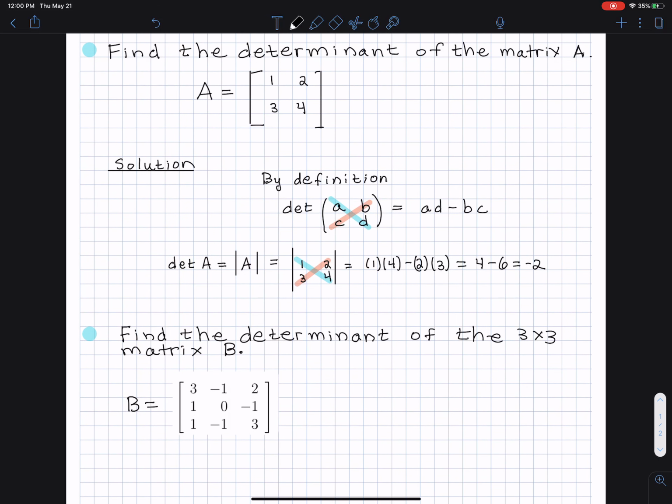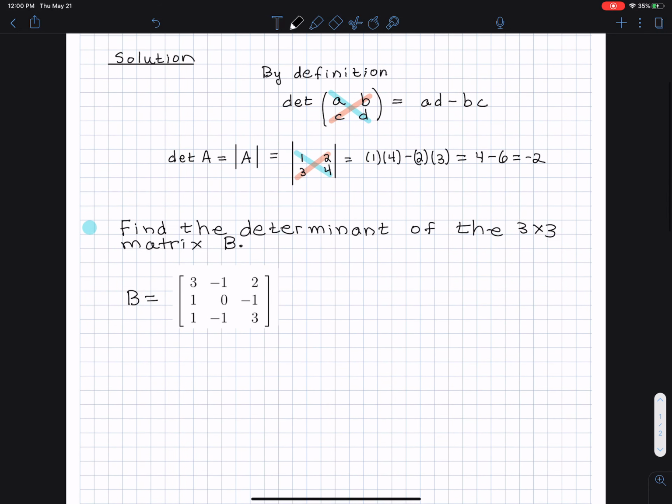Well, it turns out that for the method I'm showing, you have to know how to find the determinant of a 2 by 2 matrix in order to find a 3 by 3. So this is what we do.